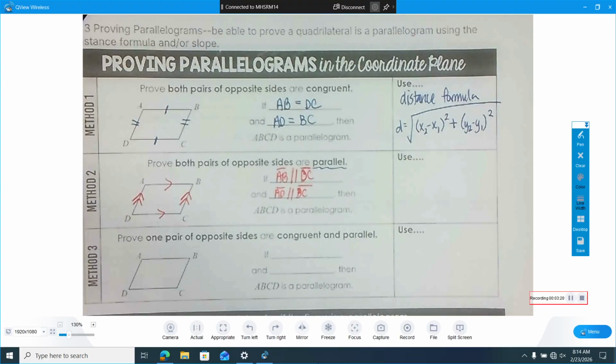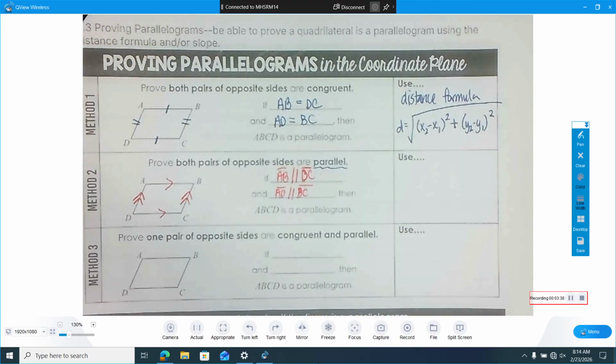How do we know if we have parallel lines? Well, yeah, but we're in a coordinate plane. Parallel lines have the same slope.